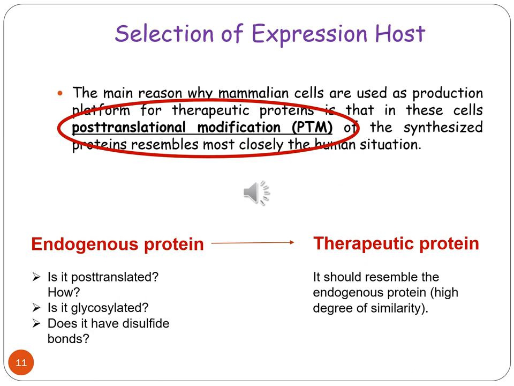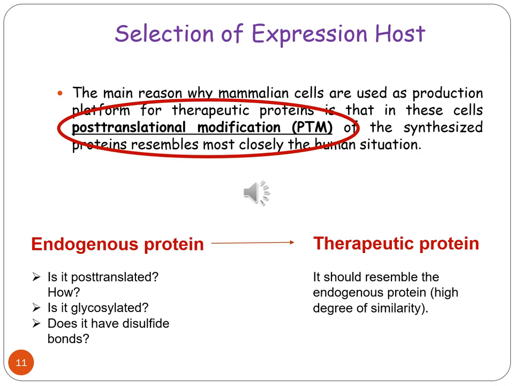That's why when we produce the recombinant erythropoietin, we build it as a glycosylated form. It's not functional if it's not glycosylated. So the therapeutic protein should resemble the endogenous protein to a high degree of similarity. Of course, we cannot perform a high degree of glycosylation, or we cannot control glycosylation, but it's acceptable to a certain level.